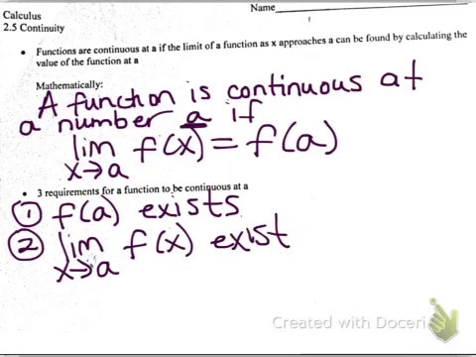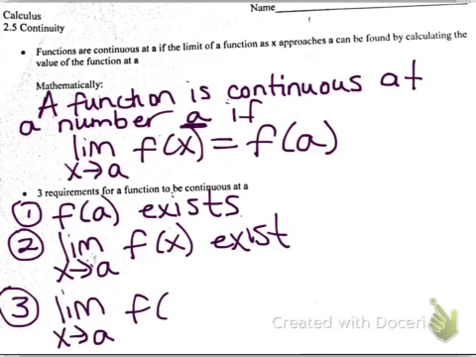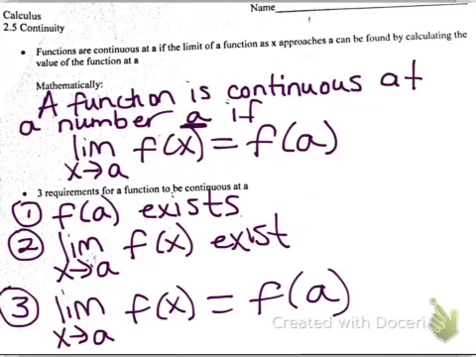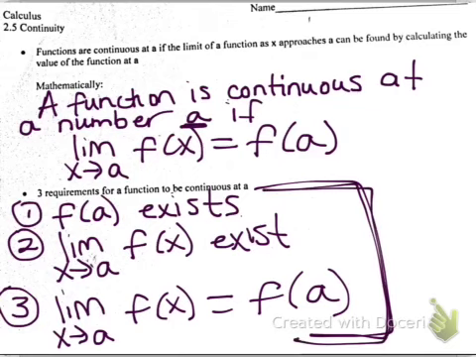That the left limit equals the right limit. And then step 3 is if they both exist, now in order for the function to be continuous, the limit has to equal f of a, the function value. Okay, so those are your 3 rules that you're always going to show and write out for continuity at a number.